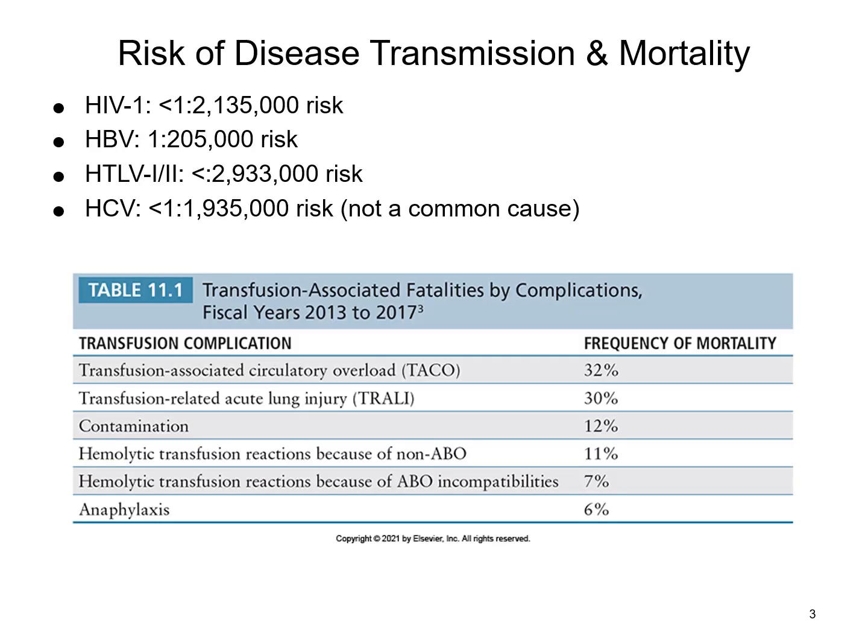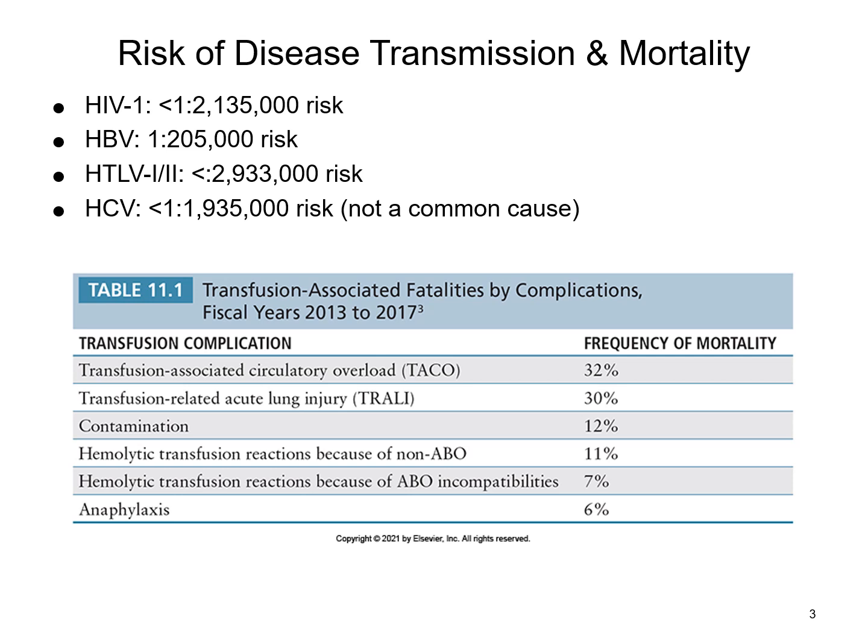Now, there is some risk of disease transmission and mortality that is associated with blood transfusions. Despite the fact that we do a lot of testing now on those donors before they're ever transfused, involving a lot of different testing, some of which is not listed here, there is still a risk of someone being transmitted something through a blood transfusion, simply because the infection of that donor could be in that window where it's not detectable yet on traditional testing.